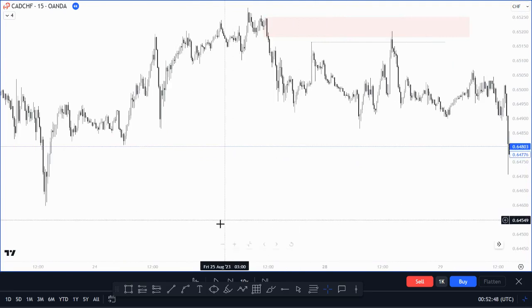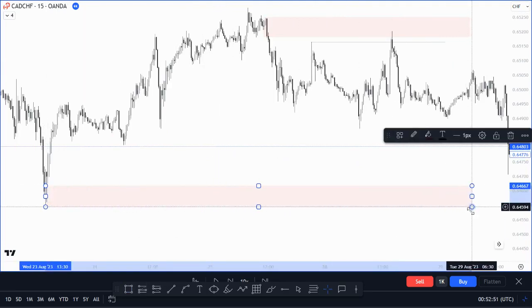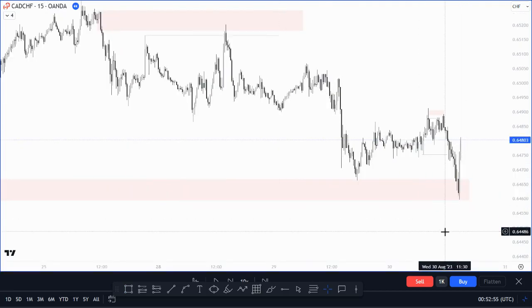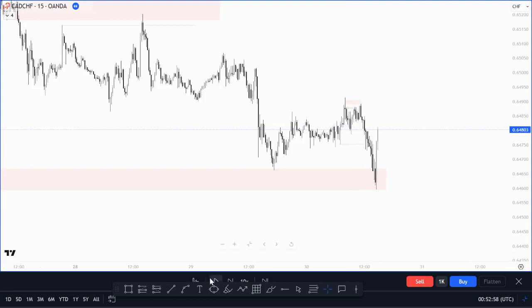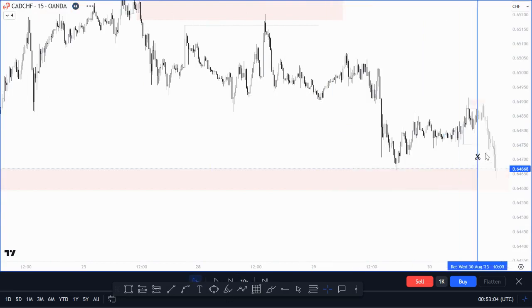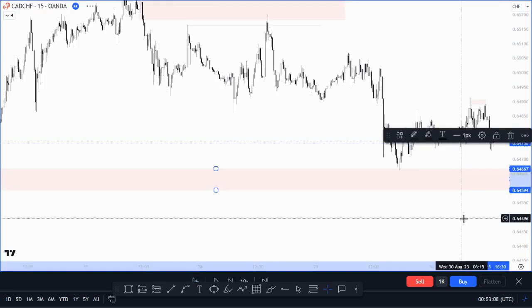I think I've seen something to work on. You want to take this trade here, right? You want to take this buy here, right? Now, what you do is this: you just come on the chart after your analysis and everything.